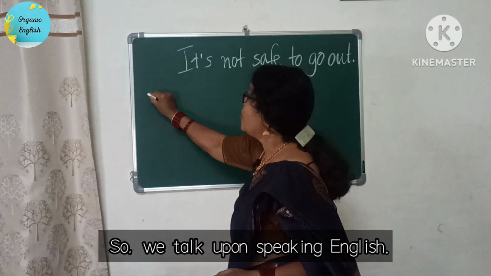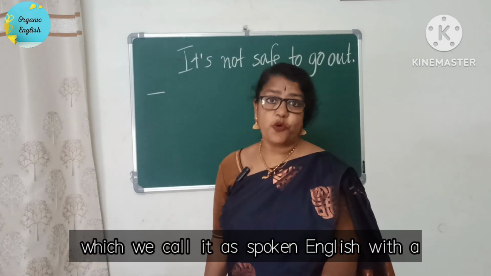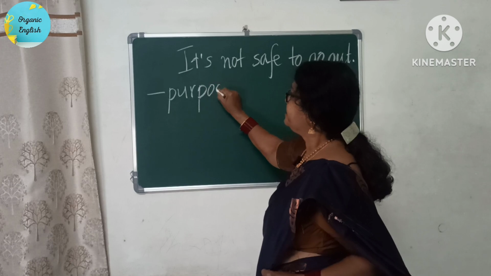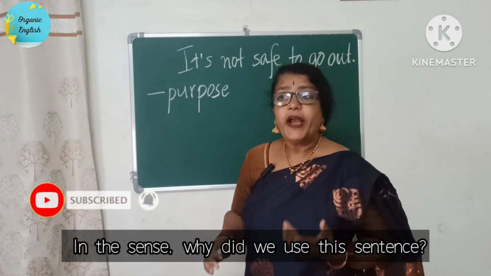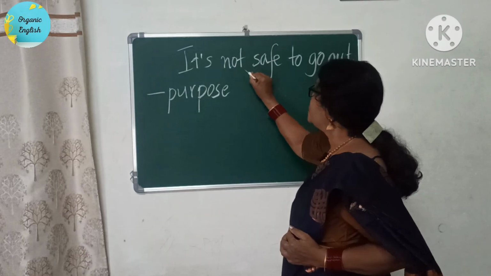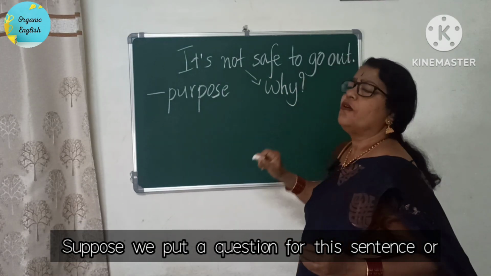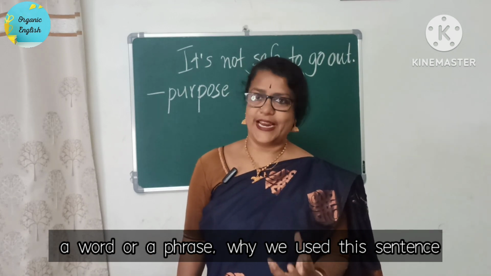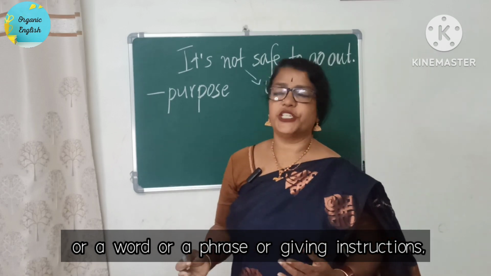So we talk about speaking English, which we call spoken English, with a purpose. In the sense, why did we use this sentence? Suppose we put a question for this sentence or a word or a phrase: why did we use this sentence or a word or a phrase or give an instruction?